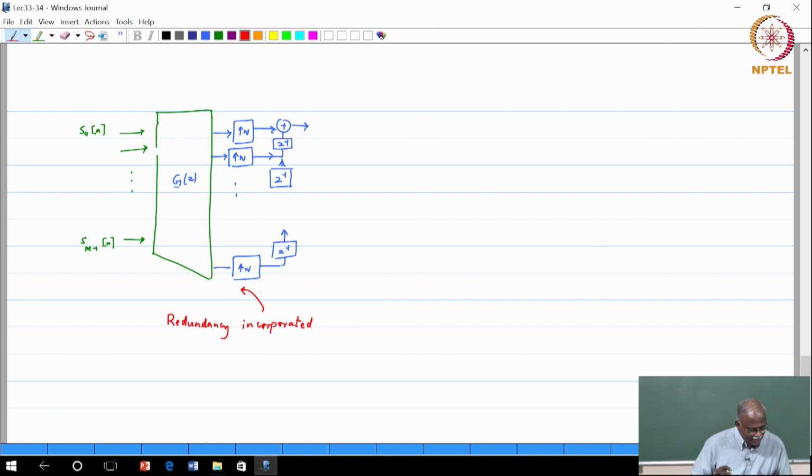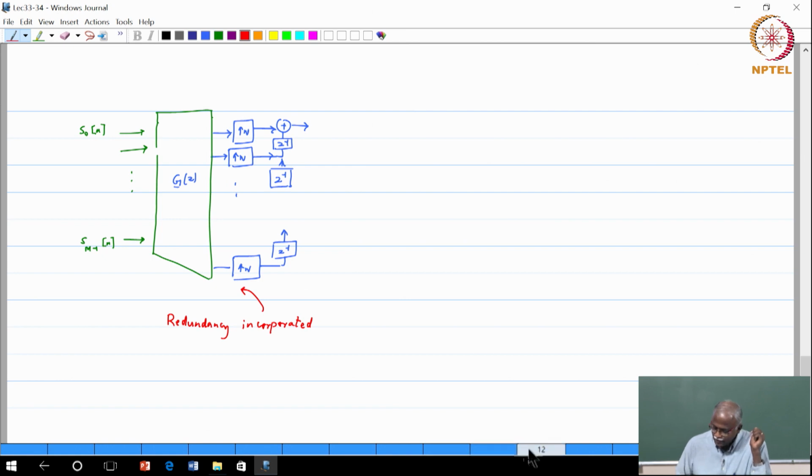Now, let us develop it a little bit more in terms of the mathematical representation. Just like we are building the process up, this is also very important for us.